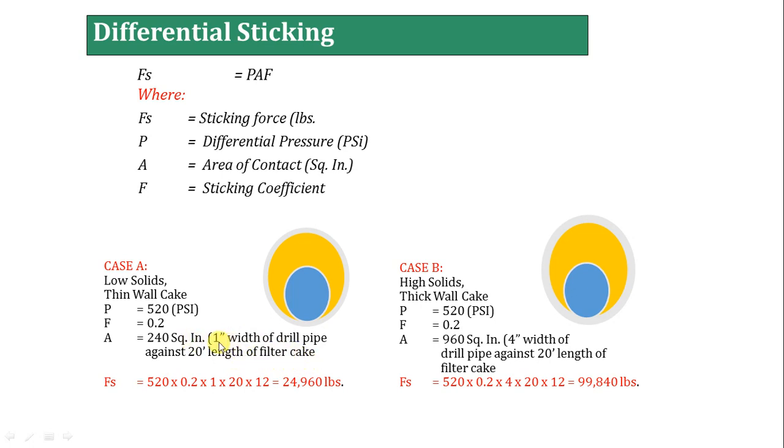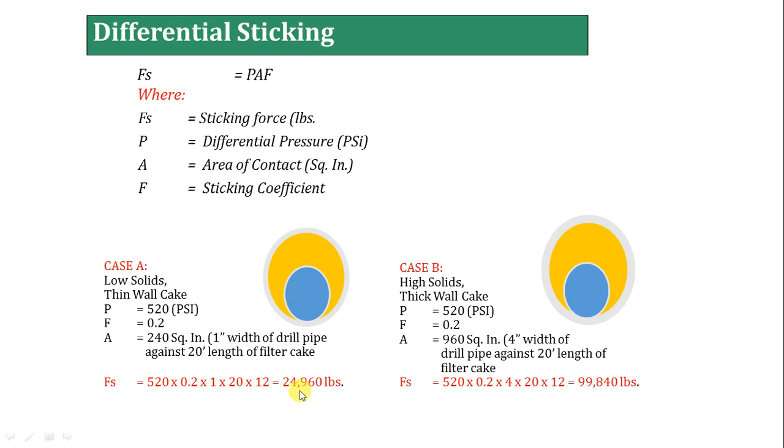So the width here is just 1 inch. So Fs will equal 520 multiplied by 0.2 multiplied by 1 inch multiplied by 20, which is the length here, and multiplied finally by 12, which is a conversion factor. It will equal plus or minus 25,000.